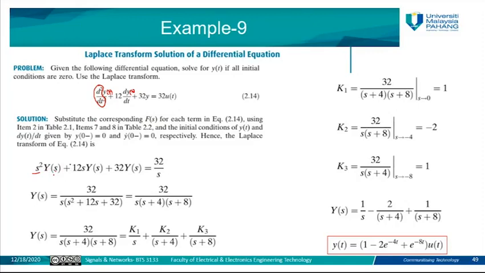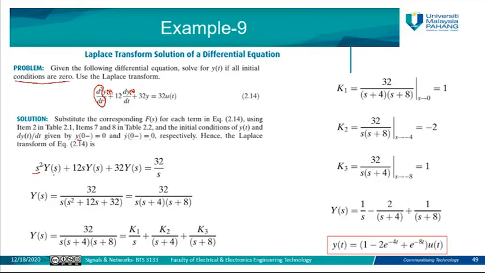Okay, then as you can see here, the initial conditions are all 0. The initial conditions of y(t) and dy/dt are given by y(0) equal to 0, y'(0) equal to 0. Since the initial conditions are 0, as mentioned in the question, we only need to consider the derivative value with the function.